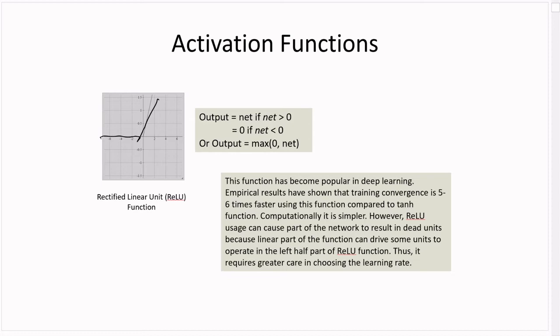That is, their output becomes 0 because the gradient cannot drive that output anymore one way or the other, because that unit is operating in this particular part of the curve. So if you want to avoid this issue, you need to pay a lot more attention to the learning rate that you want to use.